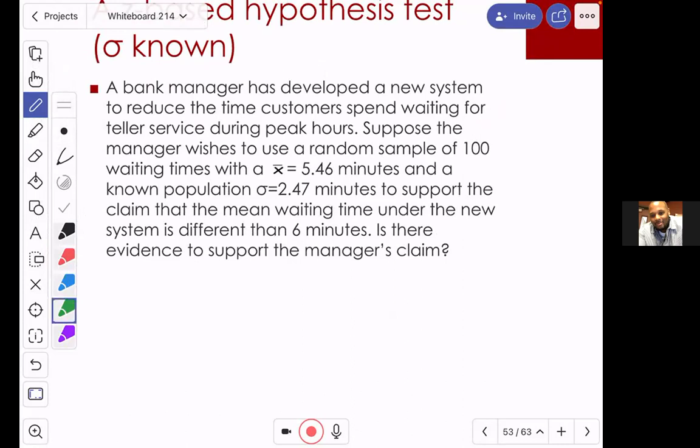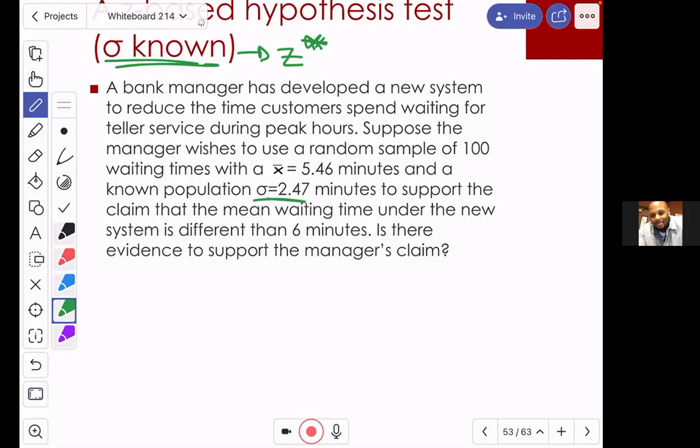This matters because when sigma is known, we always use a Z critical value, a Z star. And they want to support the claim that the mean waiting time under the new system is different than 6 minutes. Is there evidence to support the manager's claim?